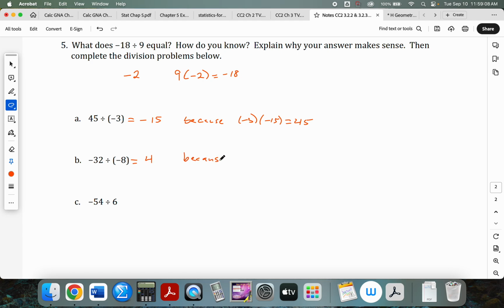Because 4 times negative 8 is negative 32. And then negative 54 divided by 6 is negative 9. Because 6 times negative 9 is negative 54.